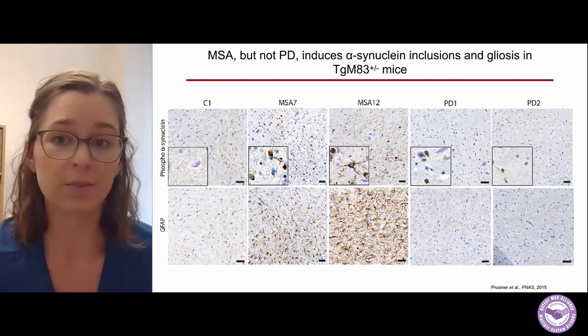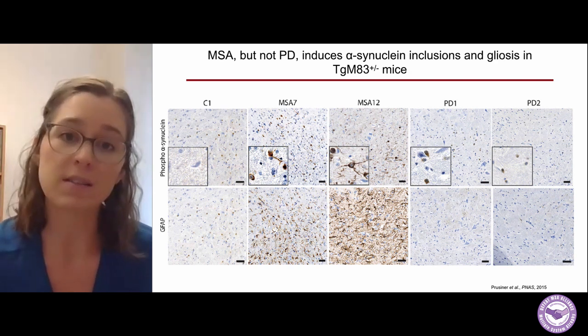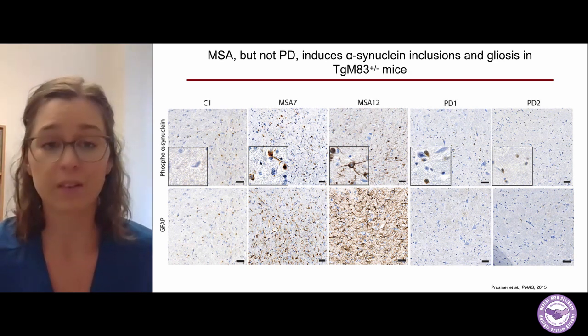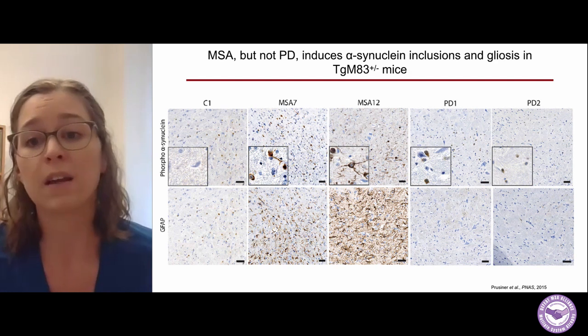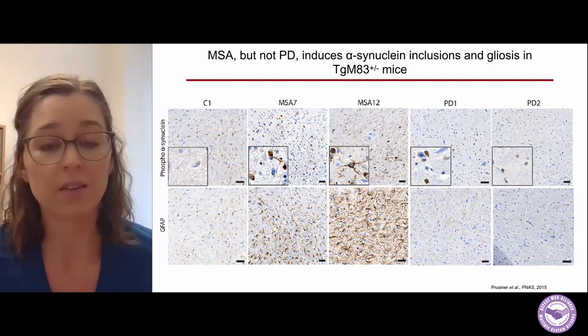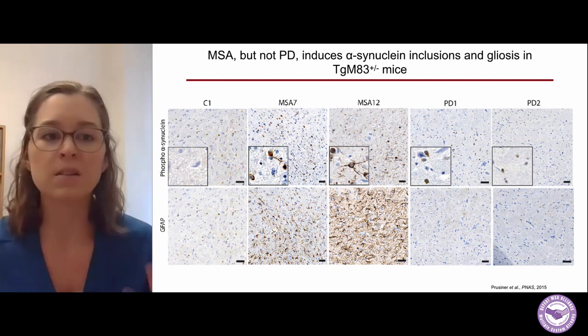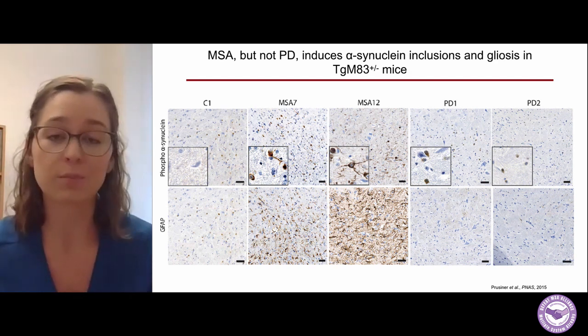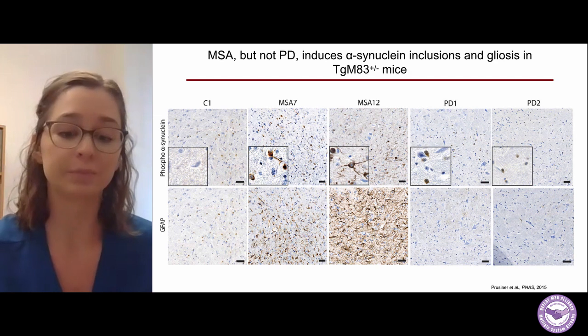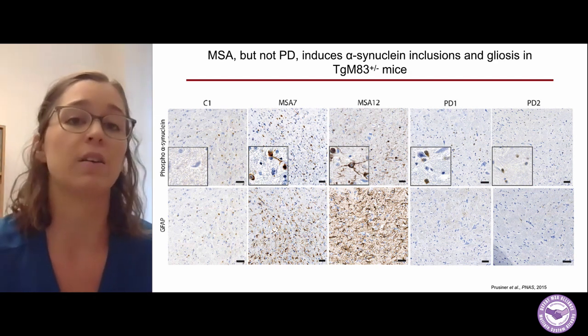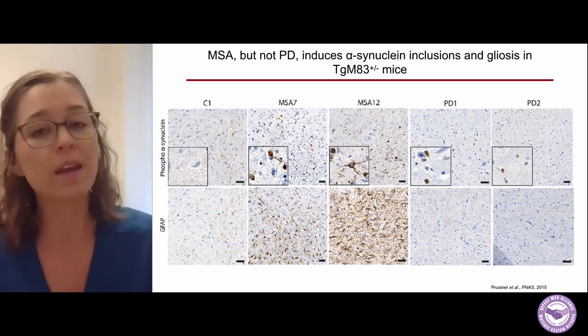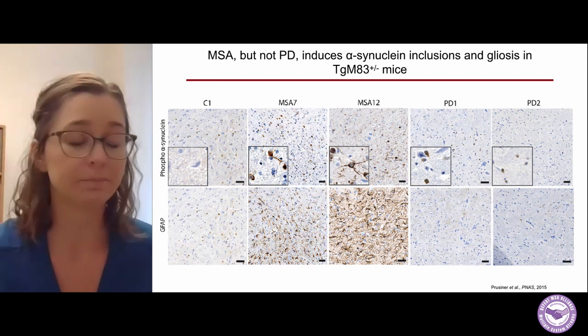But when we look on the right at the 2 cases of Parkinson's disease that were tested, there's very, very little staining for phospho-alpha-synuclein, and there's no detectable gliosis, suggesting that there is strain-specific behavior of MSA and PD in this mouse model, and that we can use this mouse model to study MSA, but we can't use it to study PD.